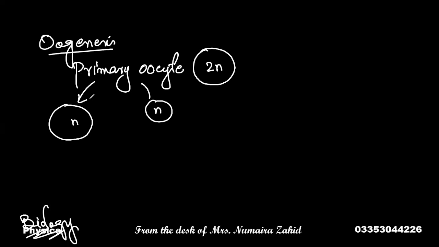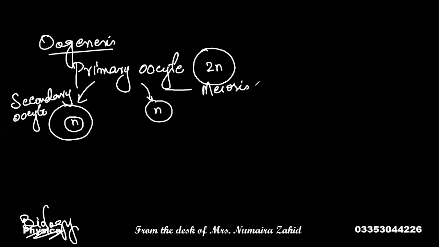This larger cell is called the secondary oocyte, and this occurs by meiosis 1. The first meiotic division divides the large primary oocyte, making up the secondary oocyte.